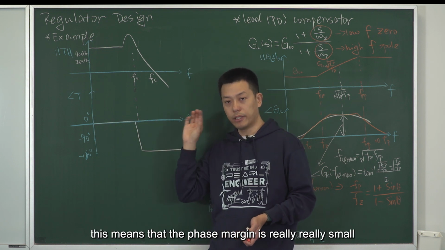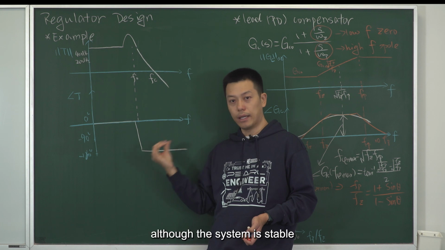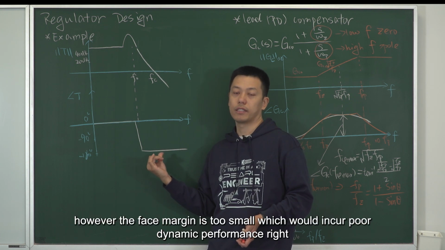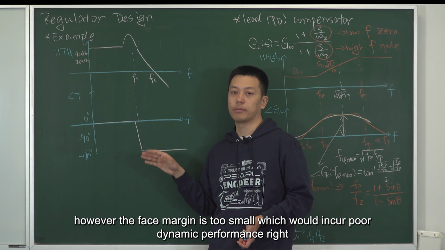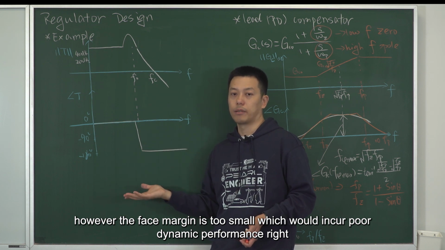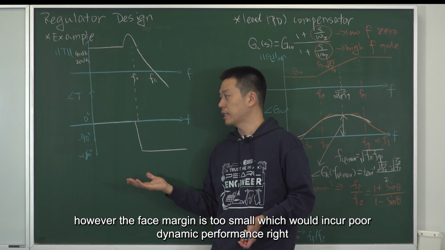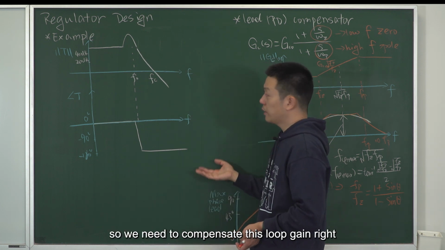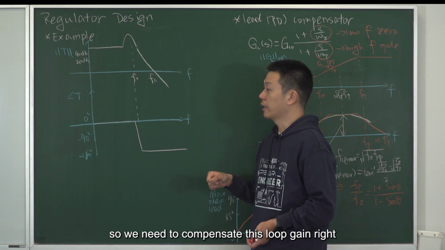This means that the phase margin is really, really small. Although the system is stable, the phase margin is too small, which would incur poor dynamic performance, right? So we need to compensate this loop gain, right?